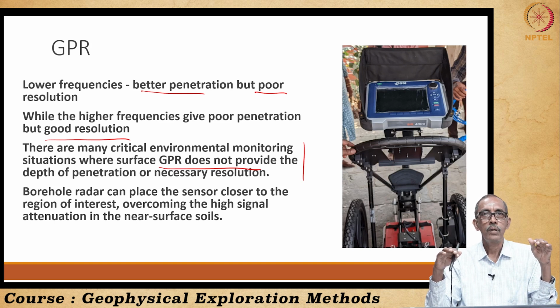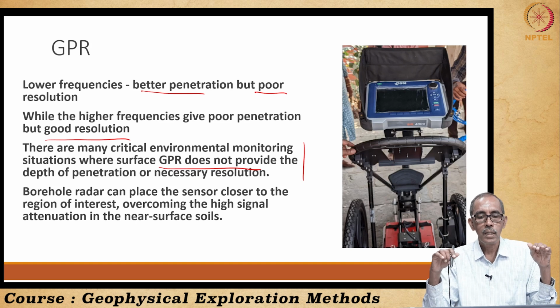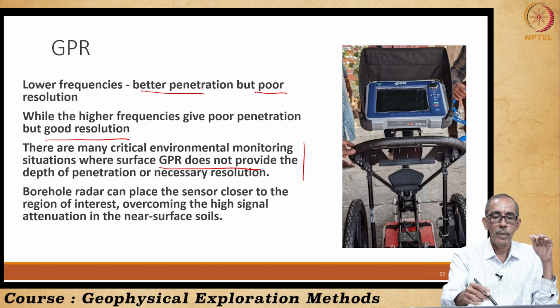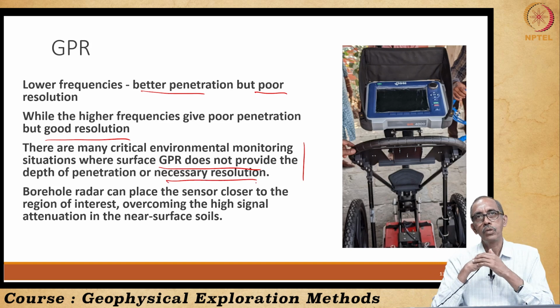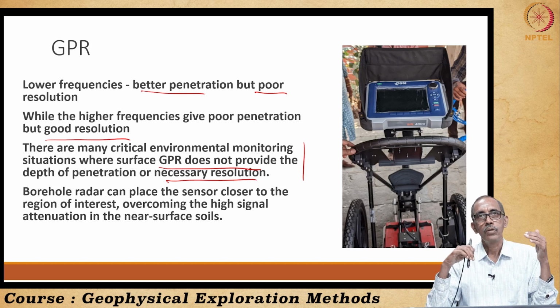We may not be able to get adequate information using GPR, or adequate resolution. Why? When you use low frequency, the depth of penetration is more, but the resolution is poor. When you use a high frequency antenna, our investigation is restricted to the very shallow subsurface, only a few meters.